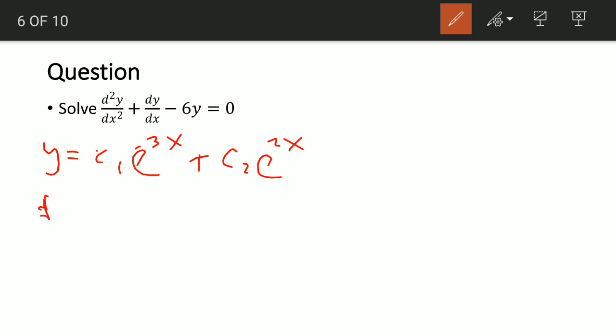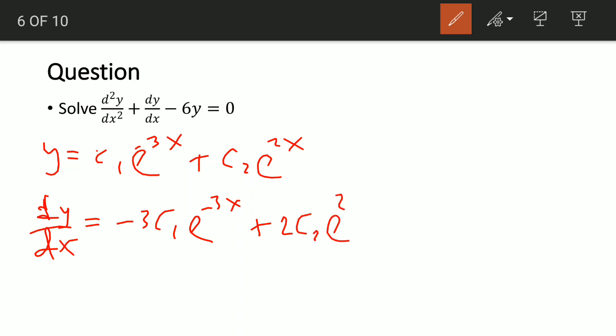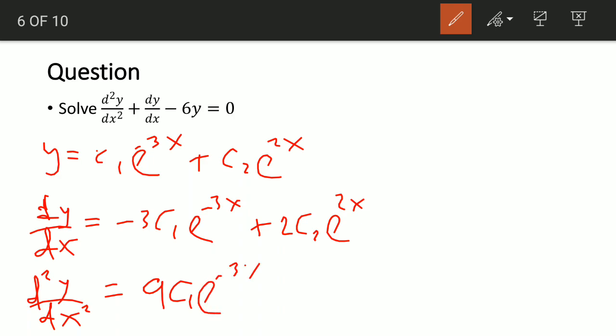If I differentiate this with respect to x, I'm going to get minus 3c1 exponential minus 3x, plus 2c2 exponential 2x. Then the second derivative, d squared y over dx squared, is going to give me 9c1 exponential minus 3x, then plus 4c2 exponential 2x.